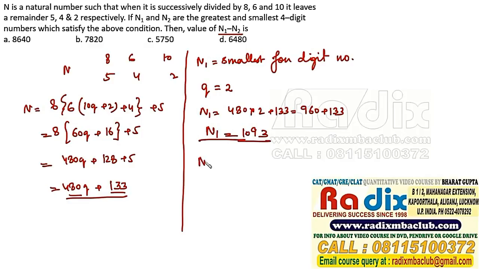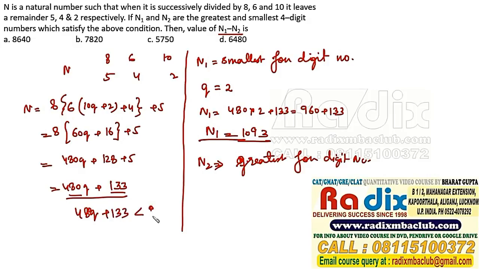Now n2 is very important. How to calculate n2? For that we need the greatest 4-digit number. Now for that, we'll write 480q plus 133 should be less than 10000, right?